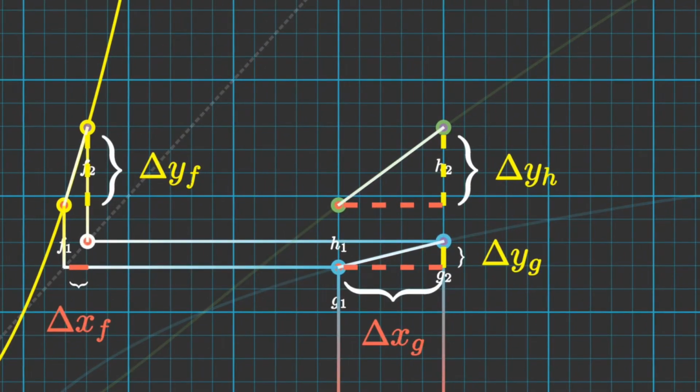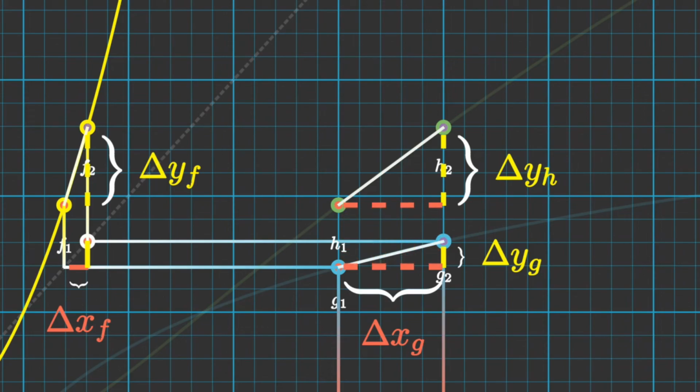The first thing we should notice is that f and h have the same dotted y, for the reason discussed in the previous part. Next, we can also see that dotted y of g is equal to dotted x of f, due to the symmetry of the line x equals y. Finally, we can see that dotted x of g and h are equal.